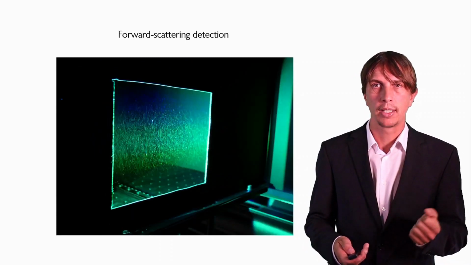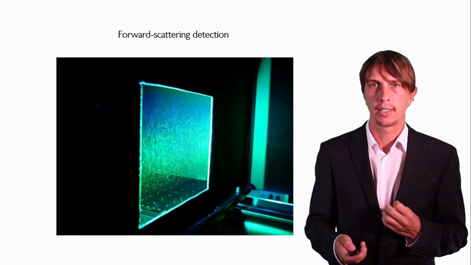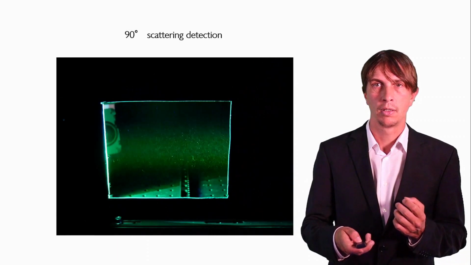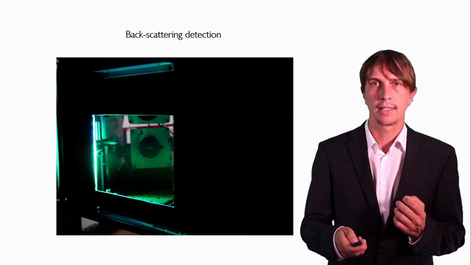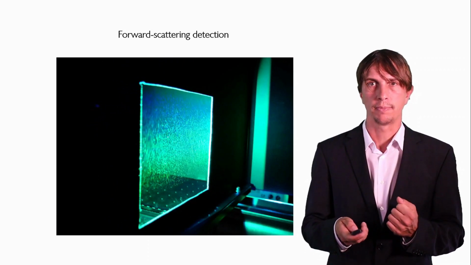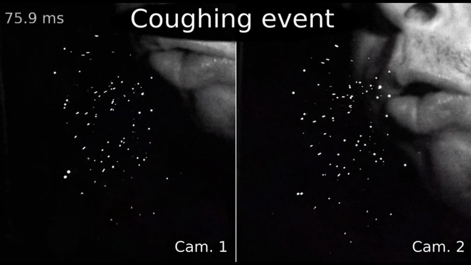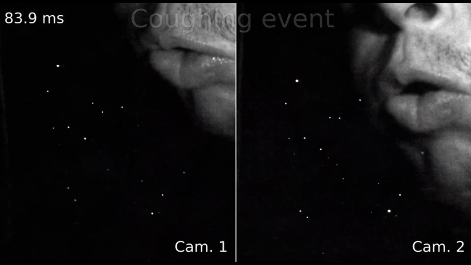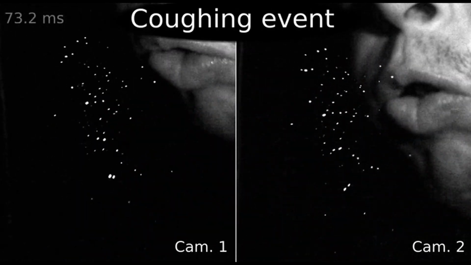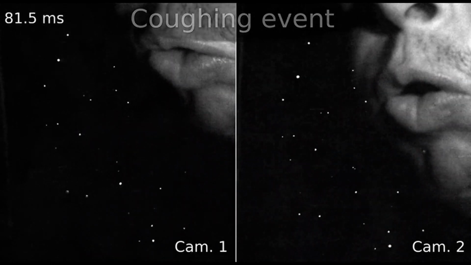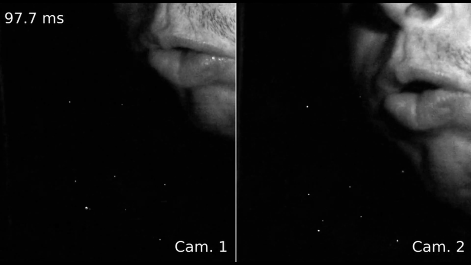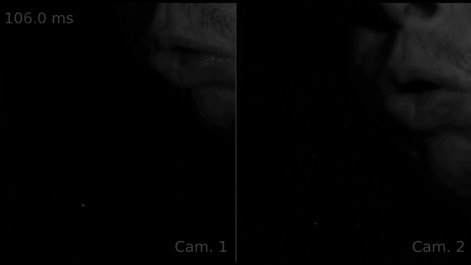And if we keep going in the semi-forward scattering detection, we can see that we have a much stronger signal. So there is a clear advantage of this detection configuration. And these are some examples of the results we can see from camera 1 and camera 2. There's a strong signal of the particles coming directly out of the mouth, and they are crossing the 15 millimeter.